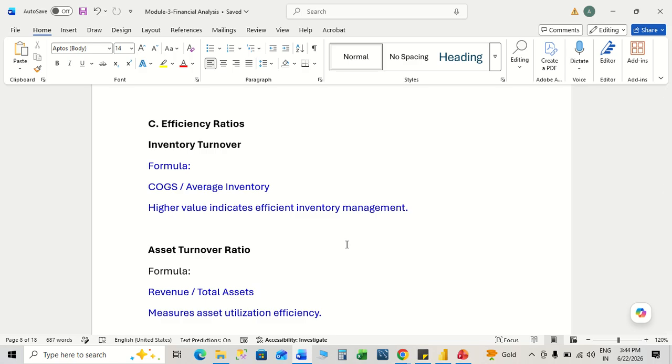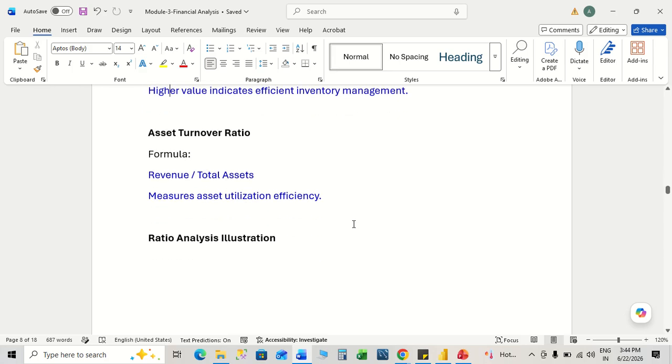The formula is COGS divided by average inventory, cost of goods sold divided by average inventory. That gives you the inventory turnover. A higher value indicates efficient inventory management.